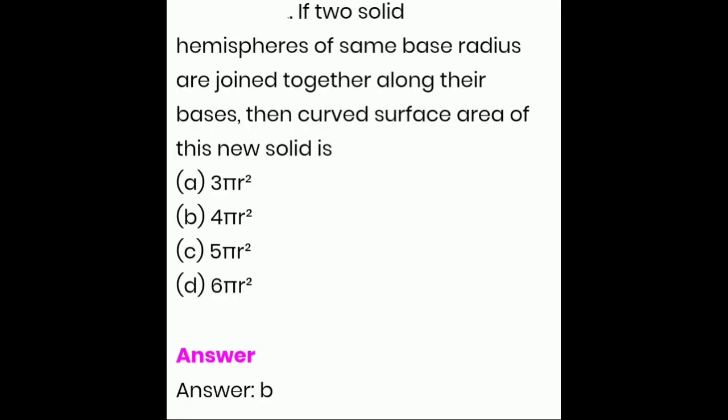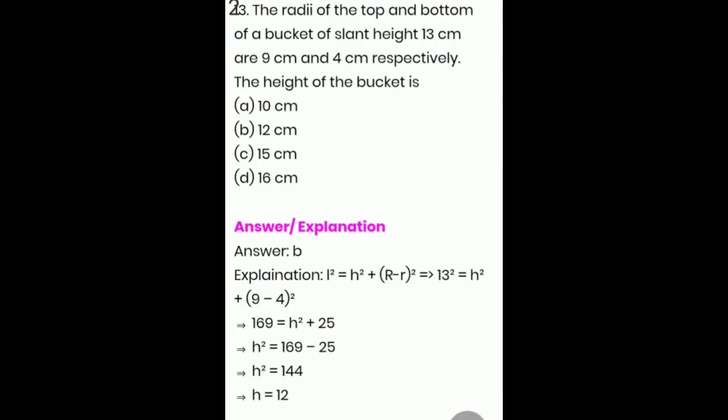Look at this problem. Here two hemispherical shapes are there. If you join two hemispherical shapes, you get a sphere. So the curved surface area of a sphere formula is what? 4 pi r square. Okay children. So next we have, look at this problem.